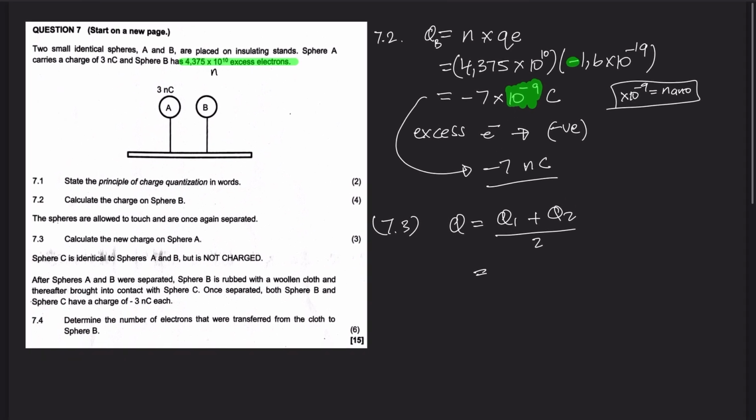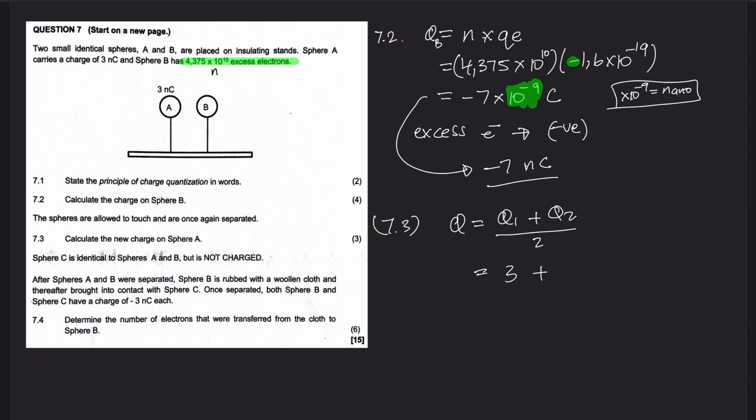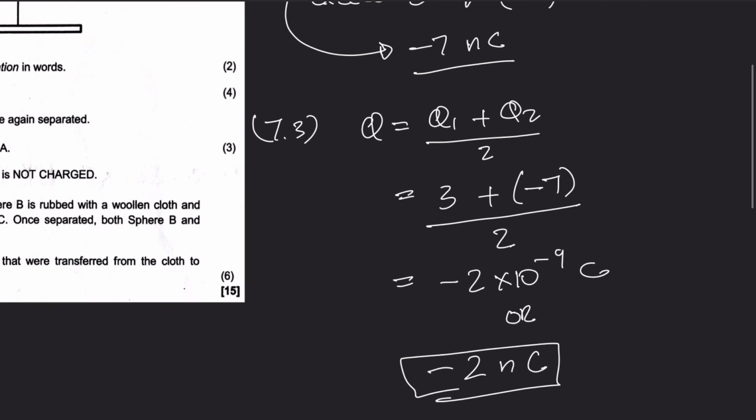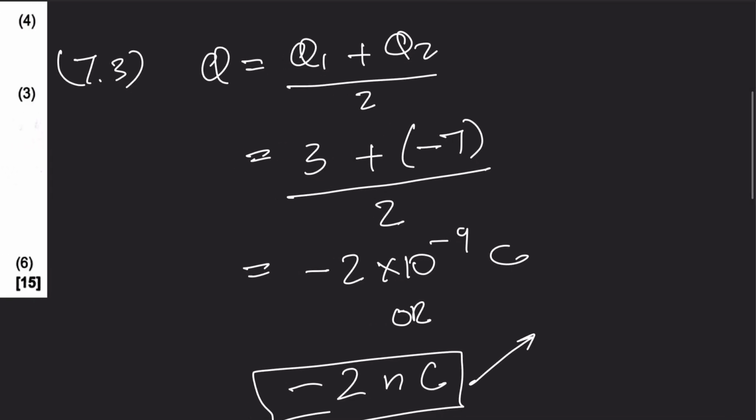Now A has a charge of 3, so it's going to be 3 nanocoulombs, then plus B has a charge of negative 7, so negative 7 nanocoulombs, divided by 2. And the answer is going to be negative 2 times 10 to the negative 9 coulombs, or you could say negative 2 nanocoulombs.